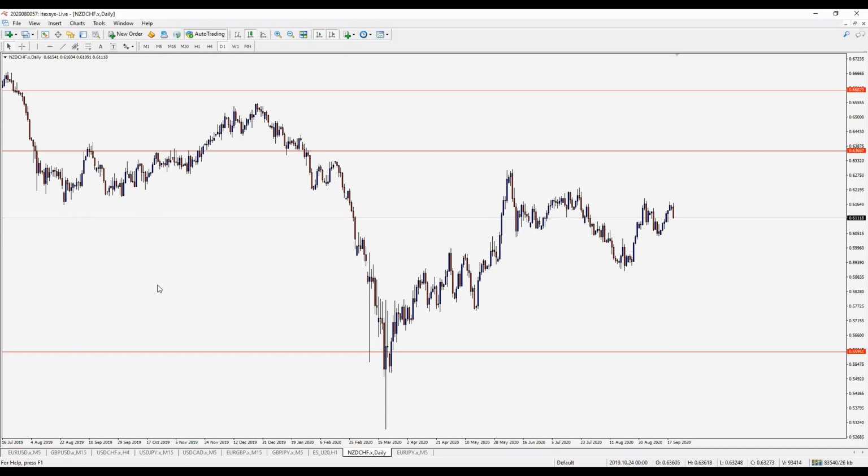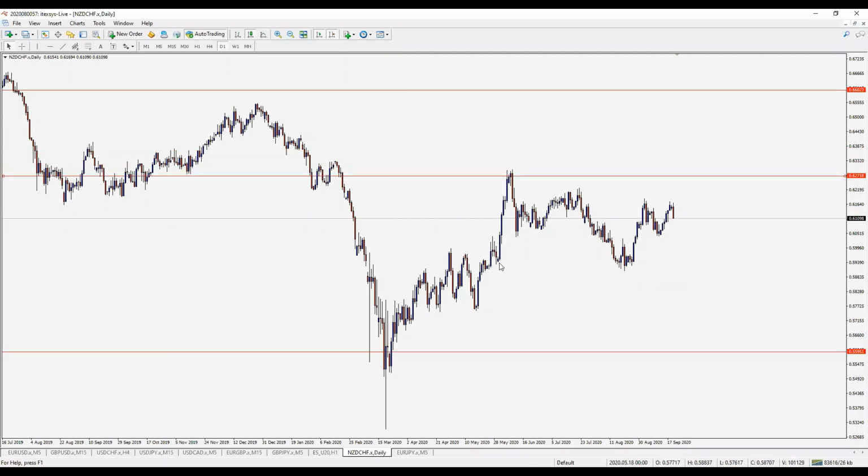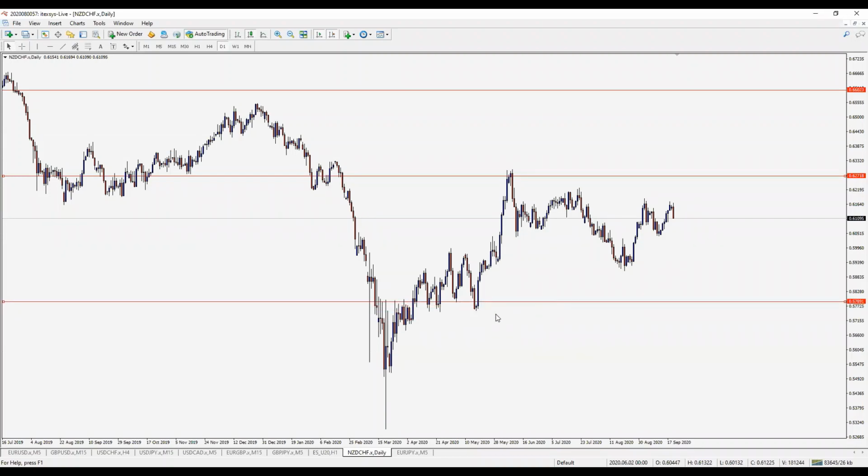So this is the daily chart for the Kiwi against the Swiss, and we can see the reaction here to all this demand level, and the price just rose up, and in fact this reaction is this supply. So this supply and this demand are not valid anymore. We should look for the next available one. Below this one, we have this one, which is still far away.